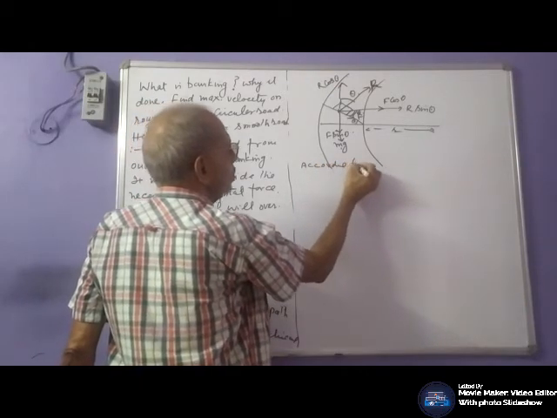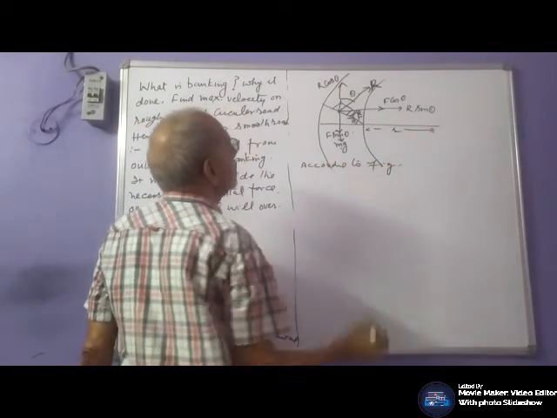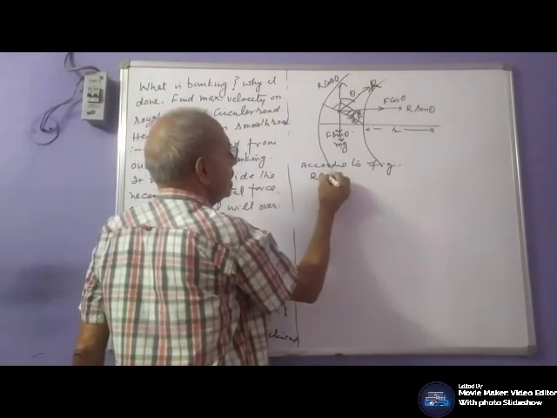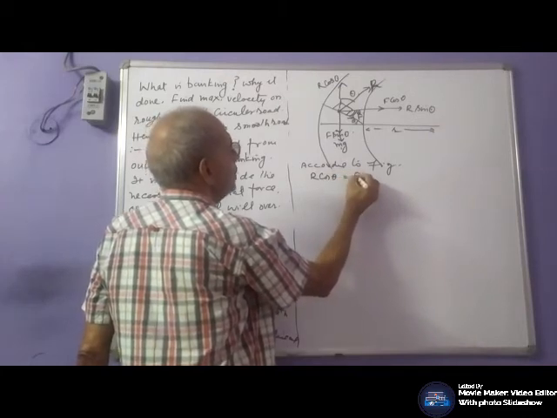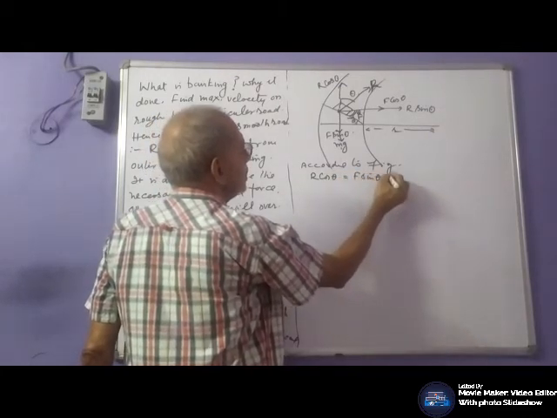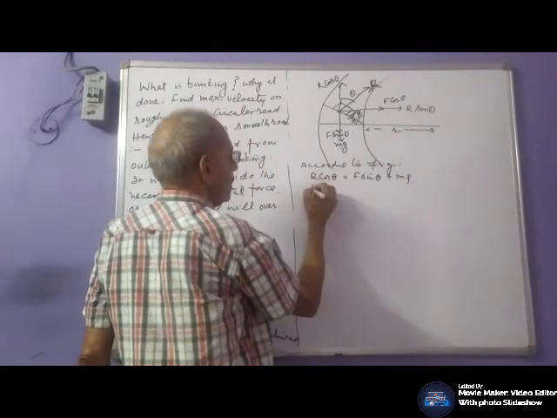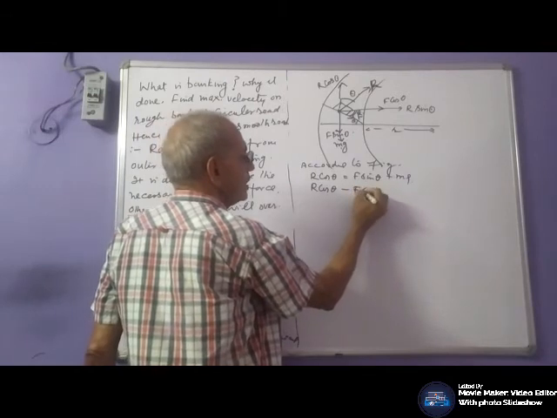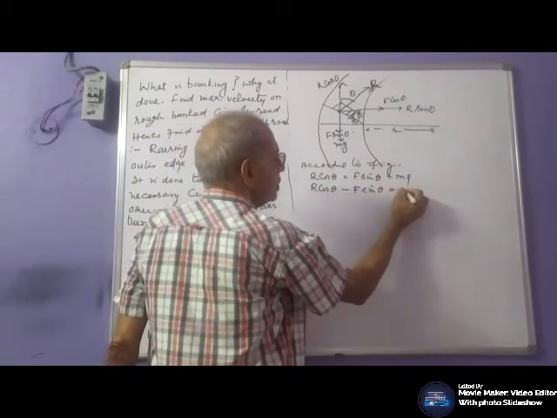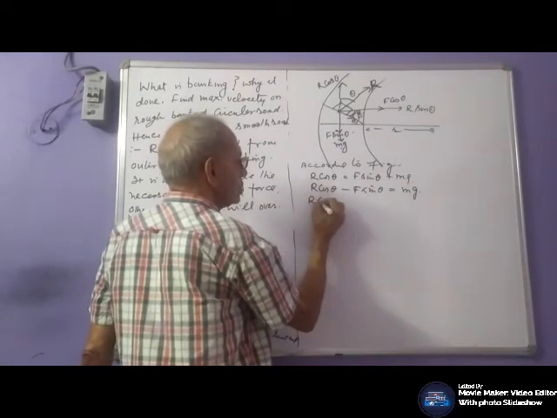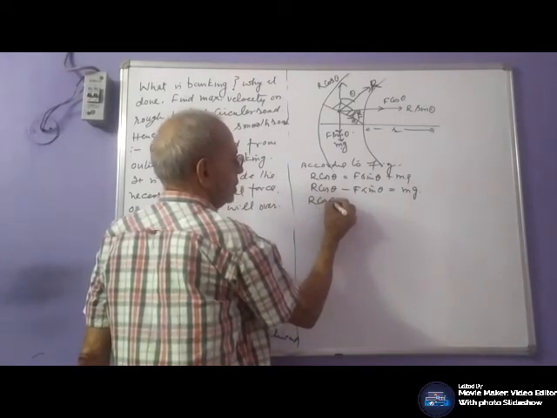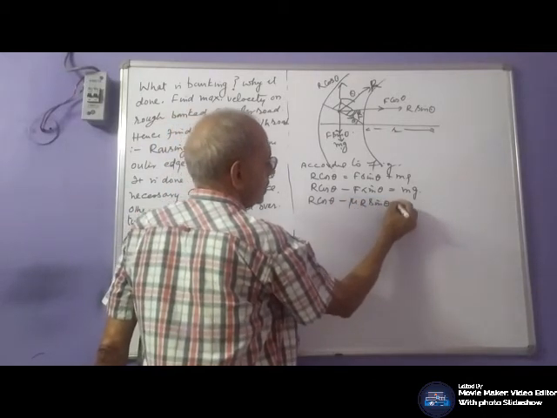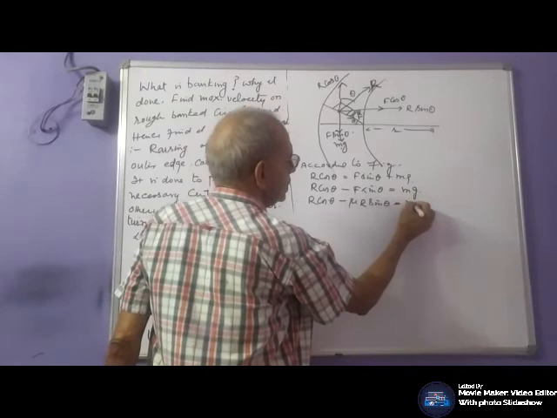According to the figure, R cos theta is F sin theta plus mg. So R cos theta, take this F this side, minus F sin theta is equal to mg. R cos theta minus mu R sin theta is mg.